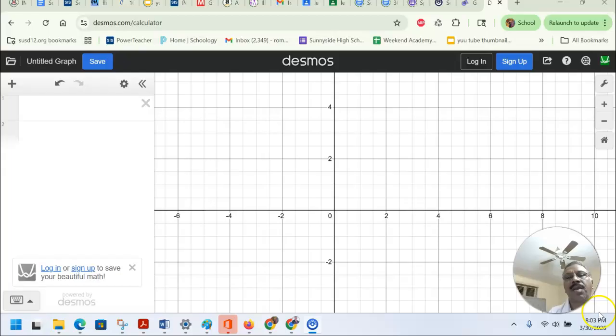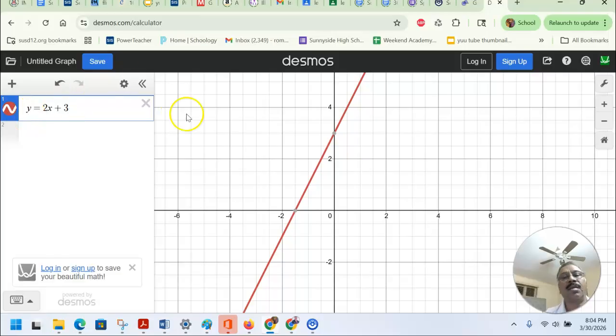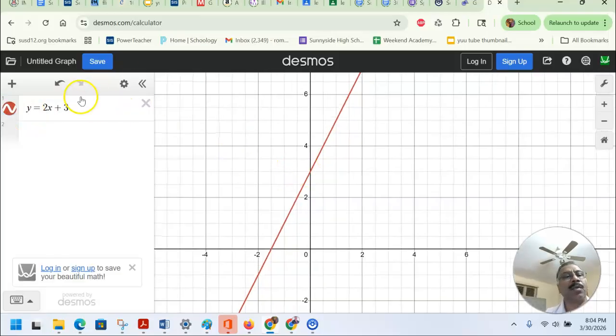Watch this. I tap in here and write y equals 2x plus 3, and you can see it is a line. The point here is the y-intercept. What does this basically mean?